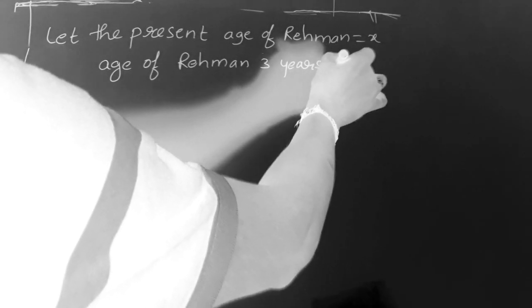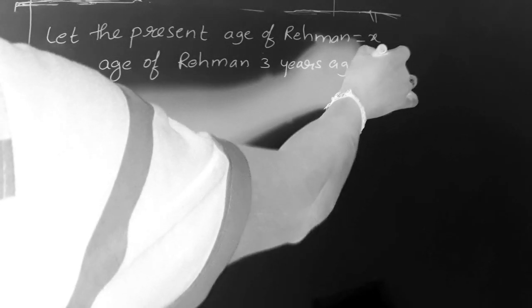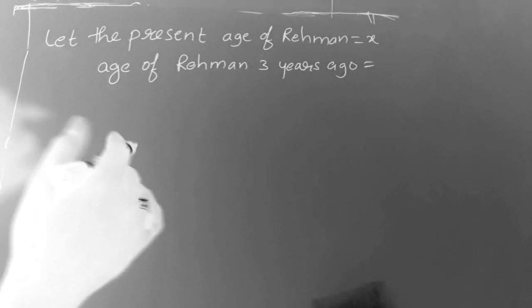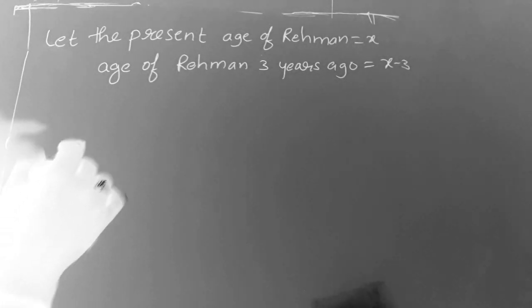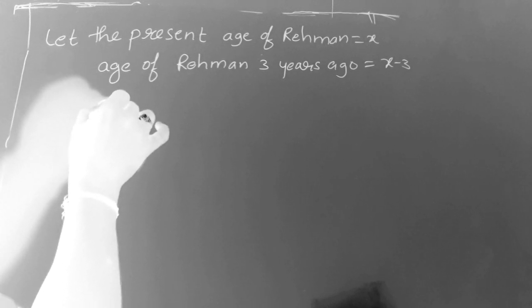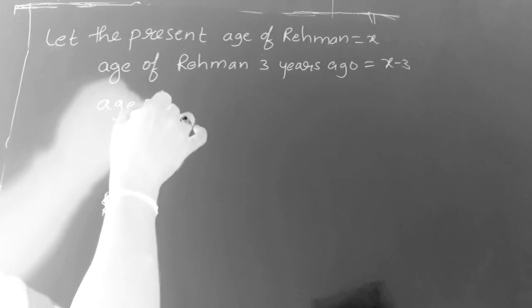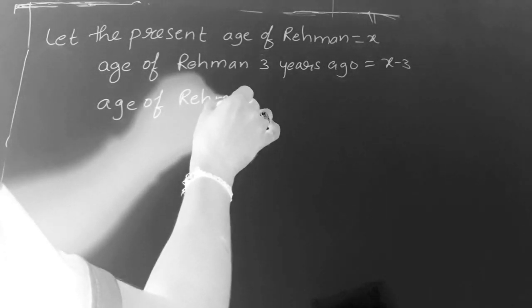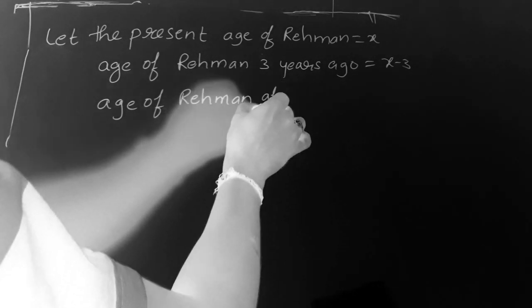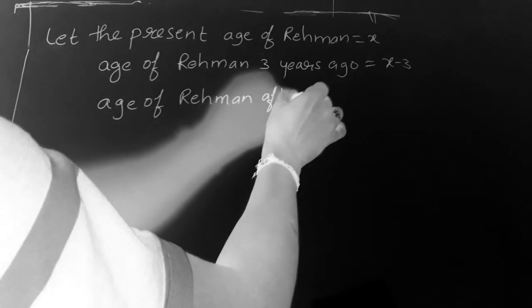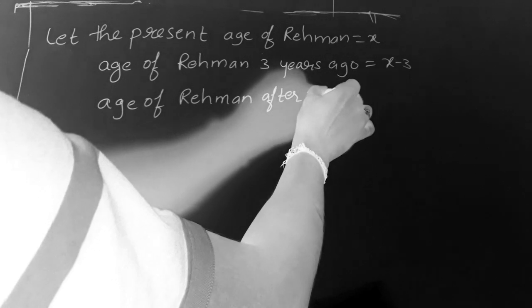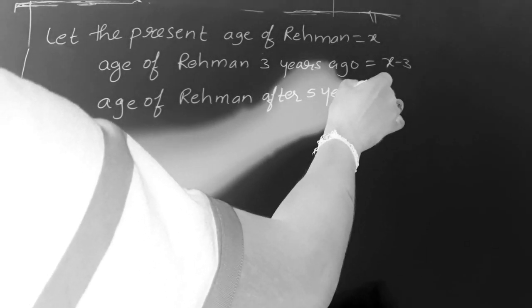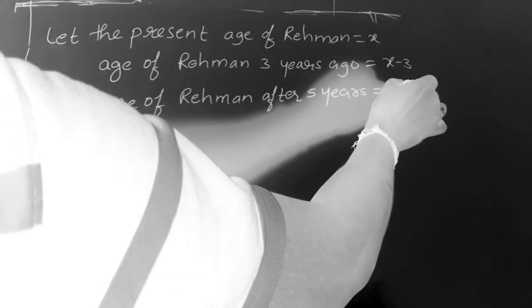For example, a person is having 10 years now, 3 years ago his age was 7. So here also it is x minus 3. So the age of Rahman after 5 years is x plus 5.